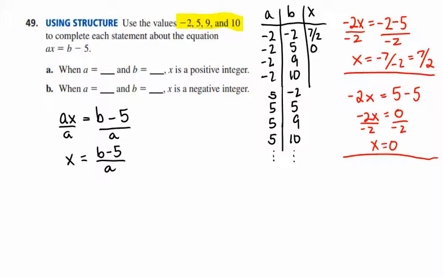Now, in order to get a positive value, we know that we either have to have numerator and denominator both positive, or numerator and denominator both negative. And to get an integer, whatever the numerator is, has to be evenly divided by the denominator. So, if we let a be -2, let's see what happens there.